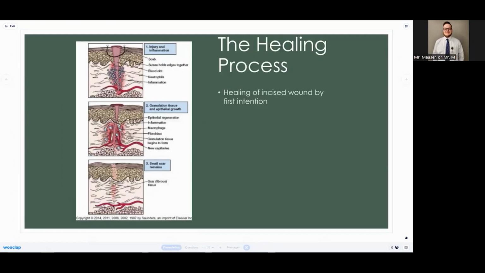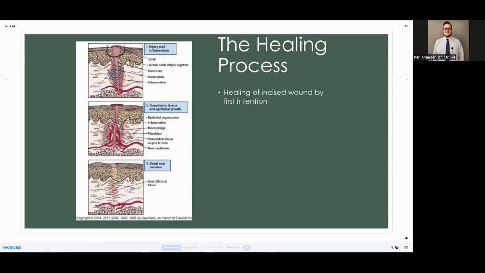So Chapter 5 talks about first intention and second intention. First intention is the healing process where we have more of an incision, an incised wound, very structured. A scab forms, granulation tissue, and then a small scar, with a lot of the tissue that was there before replaced.